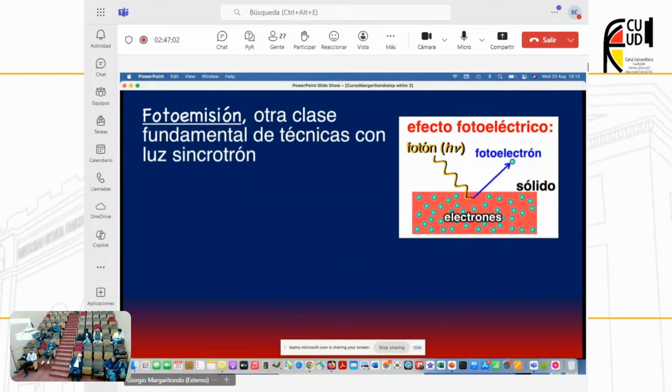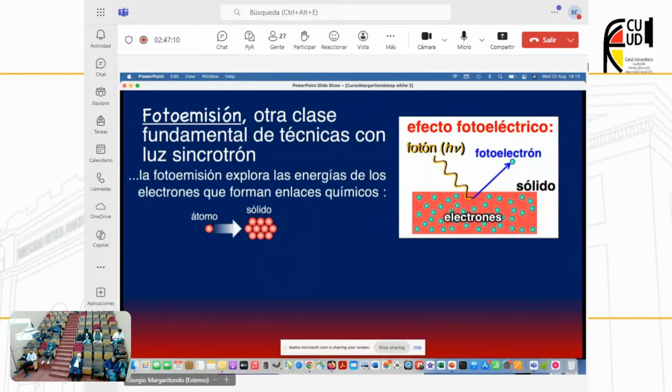How can we use the photoelectric effect for experimental techniques? Well, what is important is to realize that this is a way to analyze the state of electrons inside the solid. Suppose that you have one isolated atom, and then the isolated atom starts forming chemical bonds with other atoms and forming a solid.